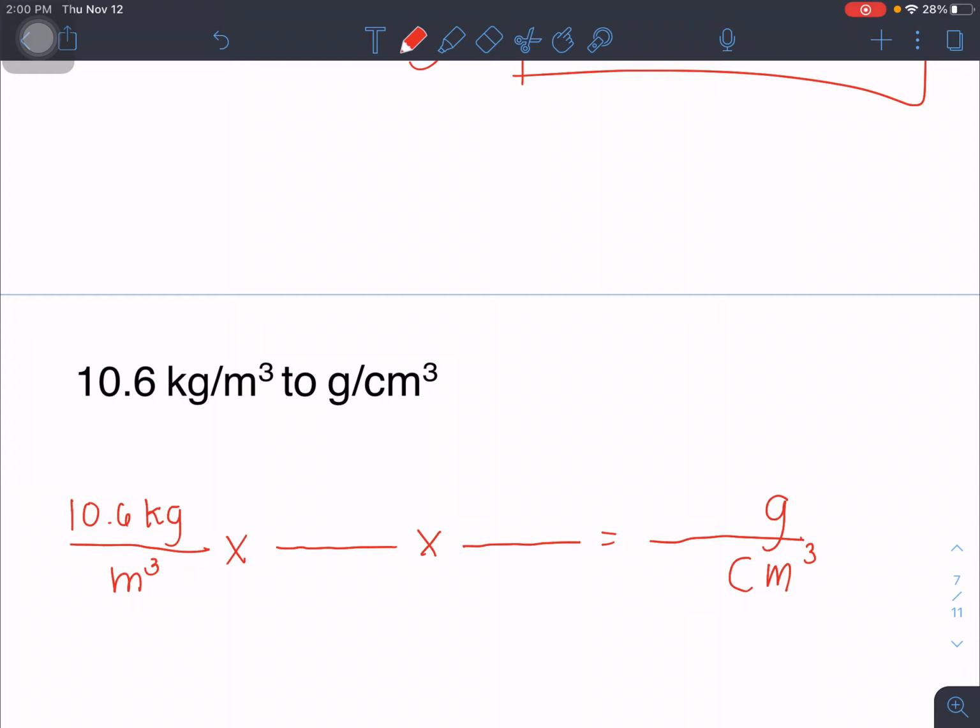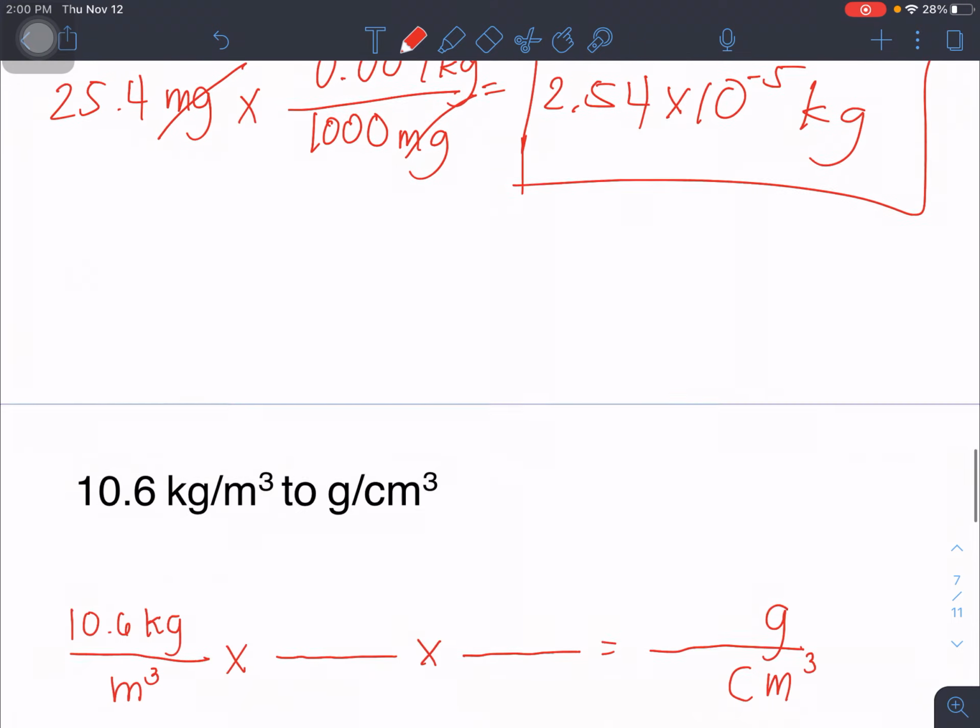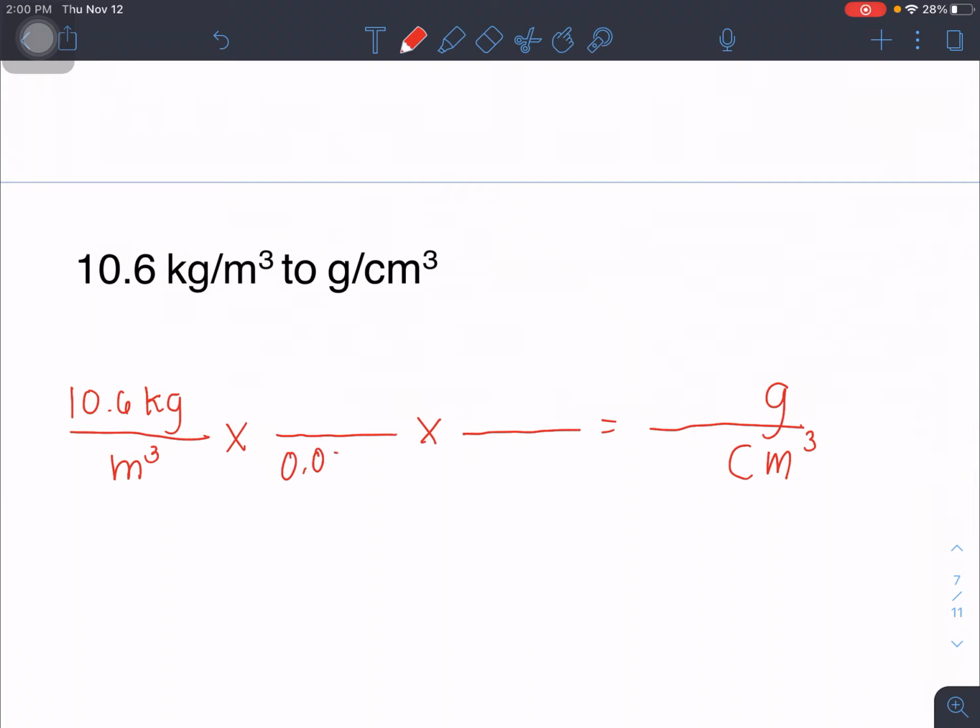So first, let's convert kilogram to gram. So kilogram will be 0.001 kilogram, and every 0.001 kilogram is 1 gram. Okay, so we could cancel this out, so the remaining unit will be gram and cubic meter.